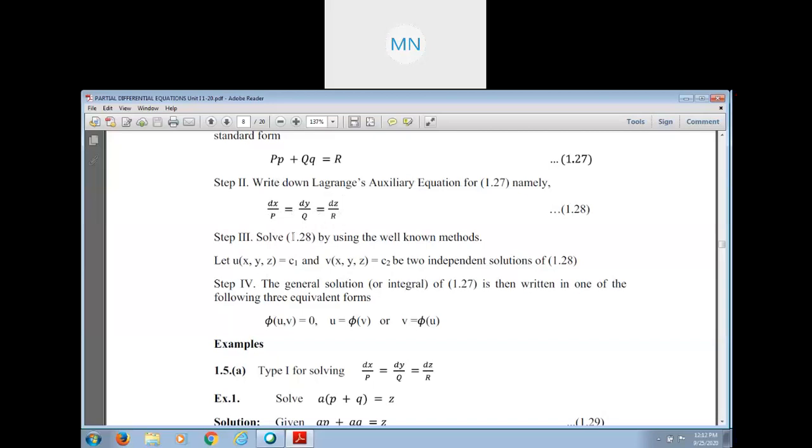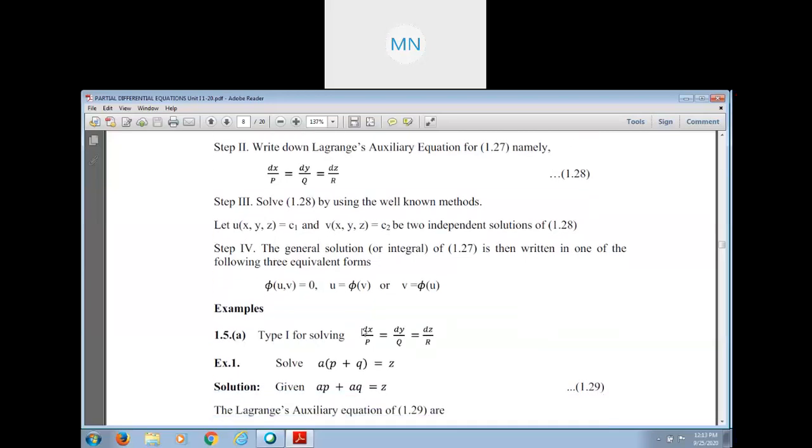After that, you have to consider two functions of x, y and z, where x and y are independent variables and z is the dependent variable. These are some independent solutions. The fourth step is to integrate to obtain the general solution. There are three types of equation.